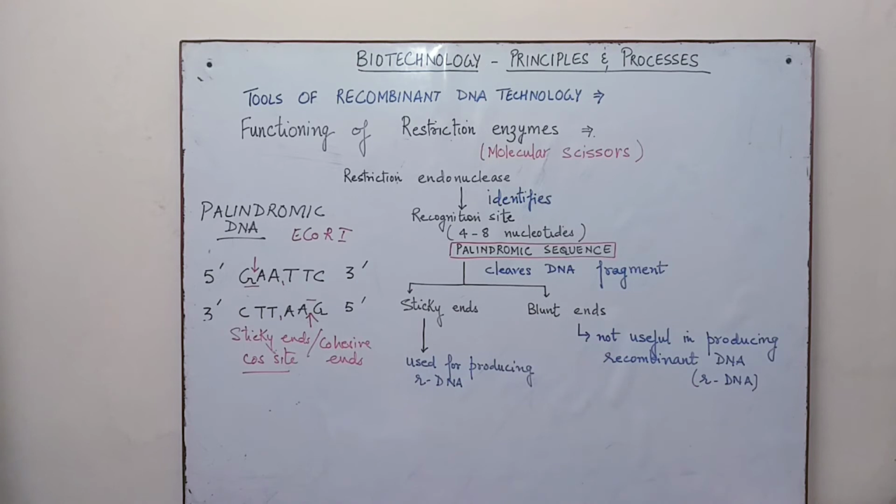The reason is that in such cases the bases can readily form hydrogen bonds with their complementary cut counterparts, and they will form the bond with the help of the enzyme ligase. So sticky ends are normally used. Now let us understand this with an example.